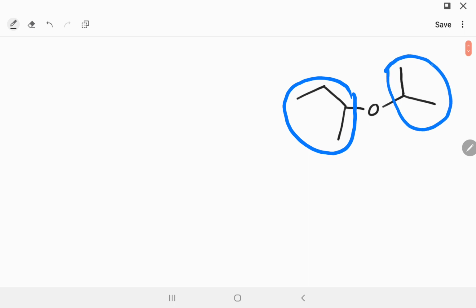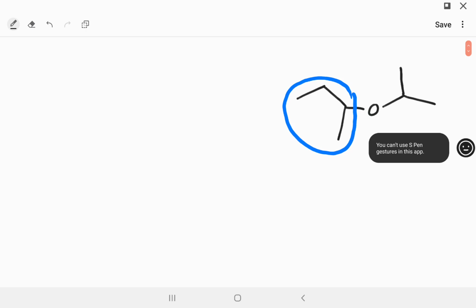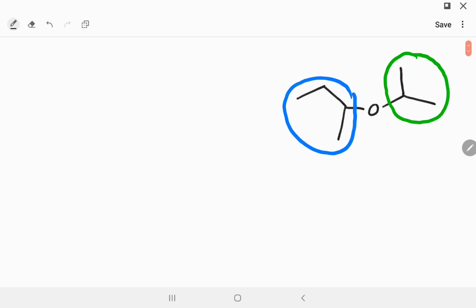Let me use a different color for the two R groups. These are the two R groups. We can say this is R1 and the other one is R2. Show me how to synthesize this ether using alkoxymercuration.